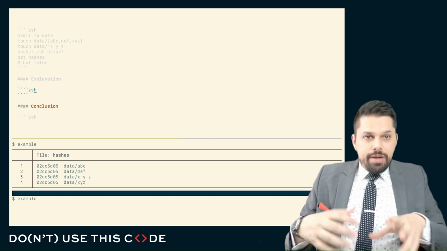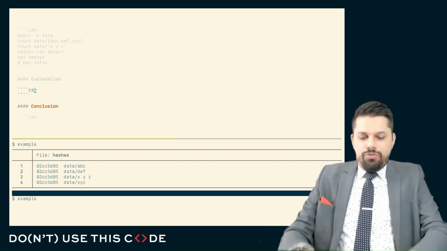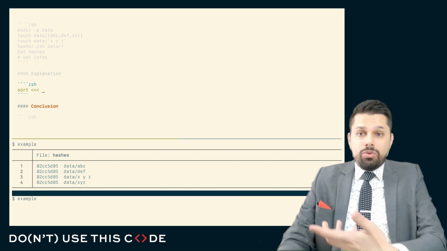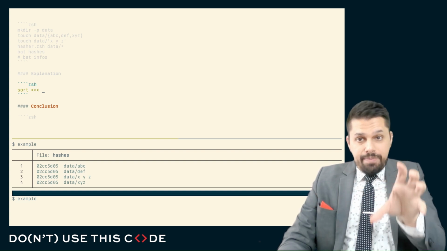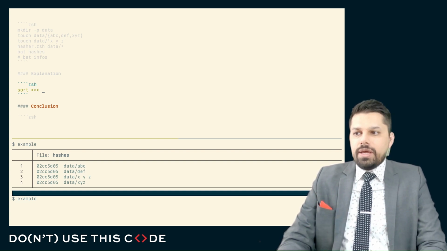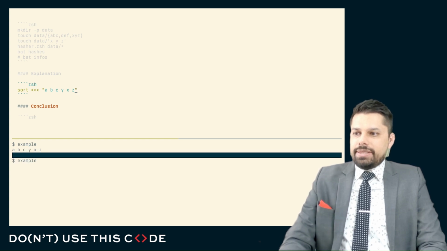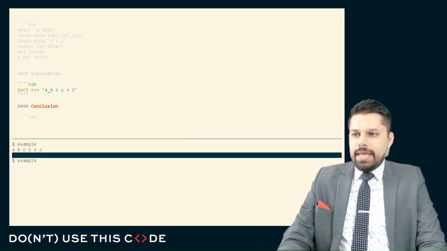And if we think about the units that were used in the original shell script, what we were doing was using sort with some input. And that input was taken as a string and passed into the sort standard in. So if I give the string ABC, Y, X, Z to sort, sort should come in, and let's actually make this newline terminated.